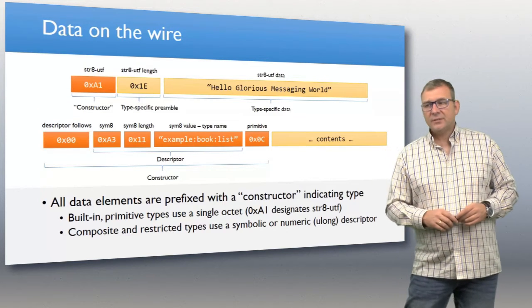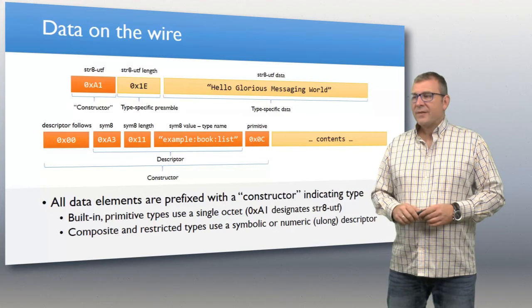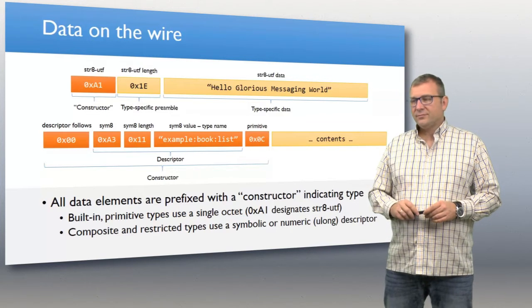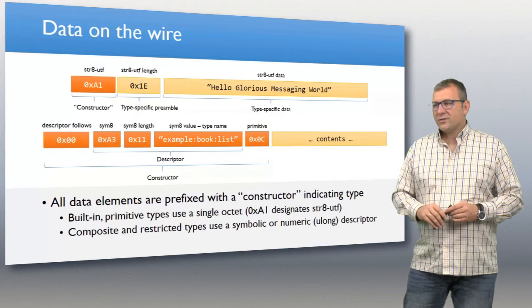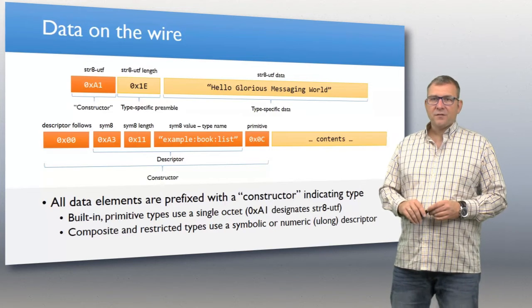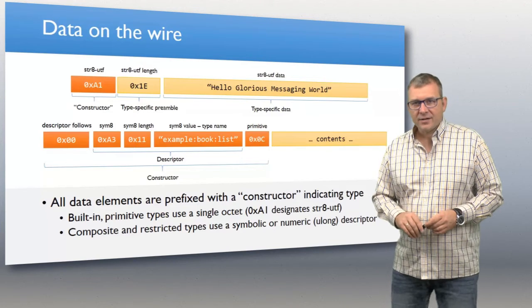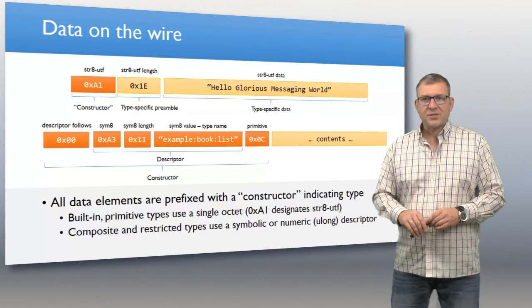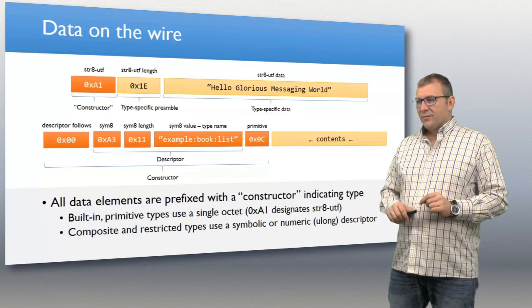On the wire, data looks like this. So 2 examples. It has a constructor, and that's the first byte. You have this constructor 0xA1, hex A1. That is a type indicator for a string with an 8-bit length indicator, and the string data is expressed in UTF-8.